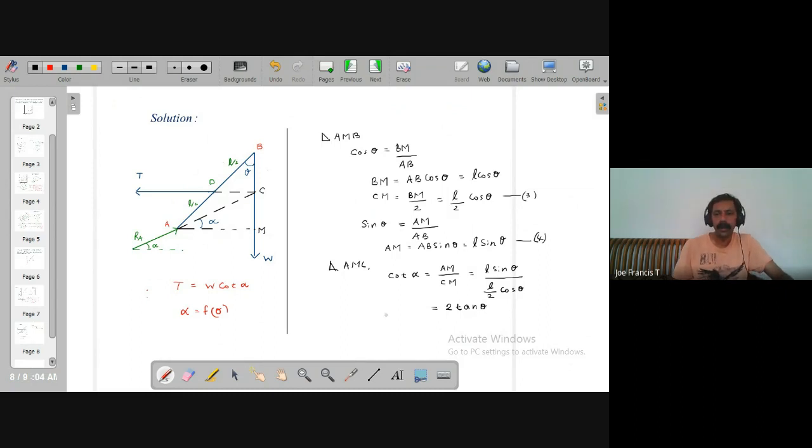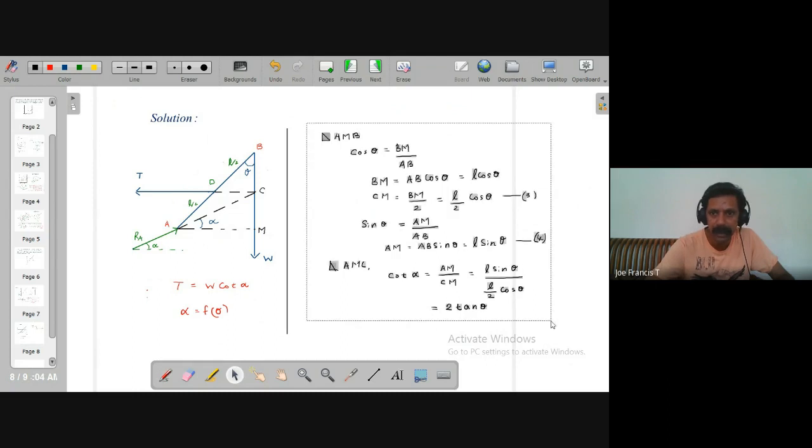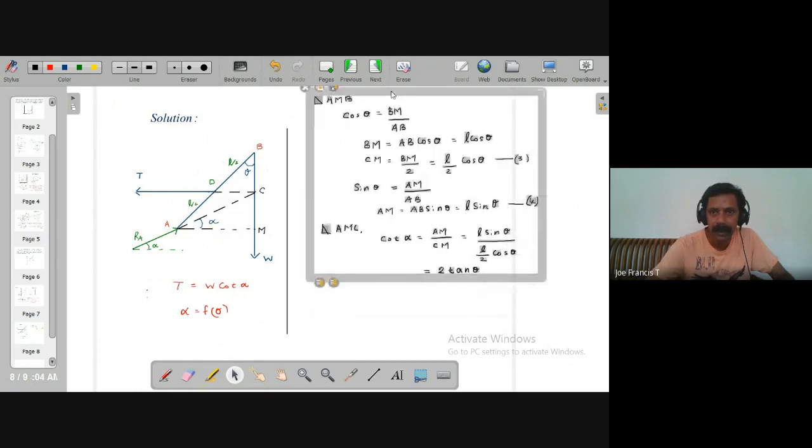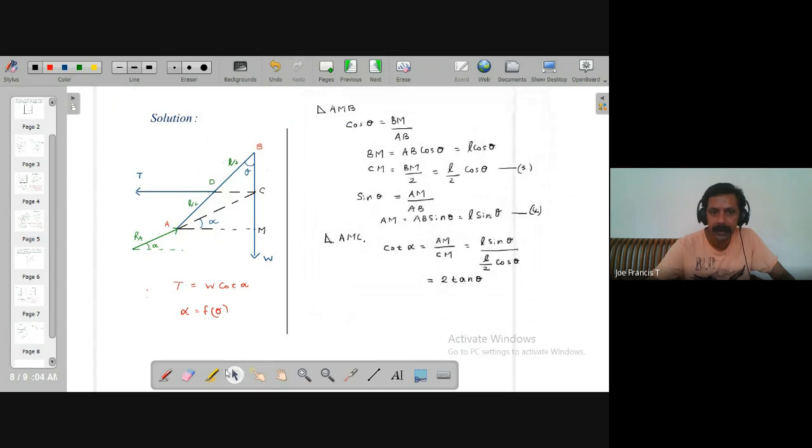Our question is the direction of the reaction. So we can get alpha. Alpha is cot inverse of 2 tan theta.